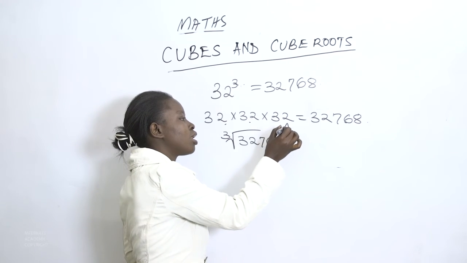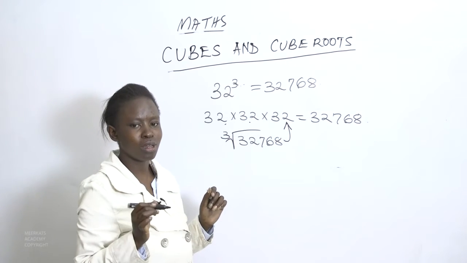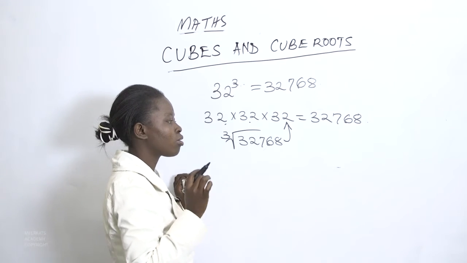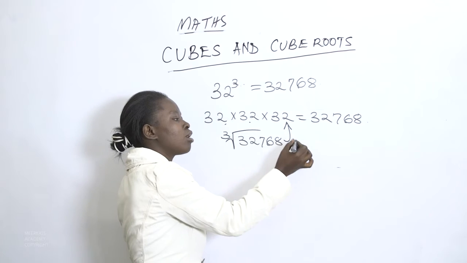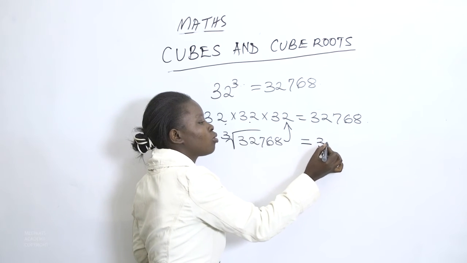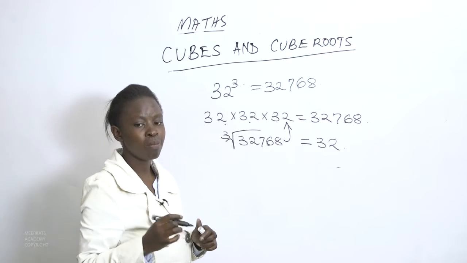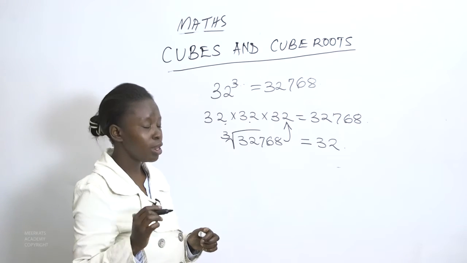And we find that the number that you multiply itself repeatedly 3 times so that you get 32,768 is 32. So the cube root of 32,768 is simply 32.